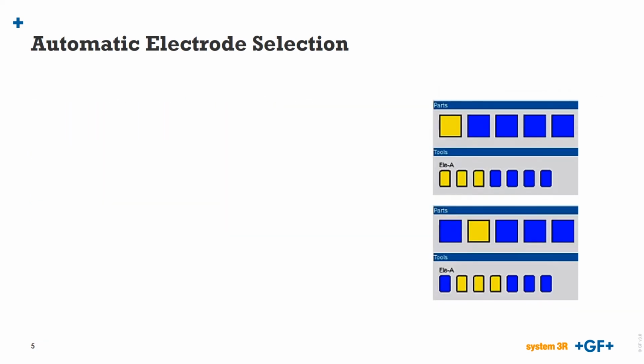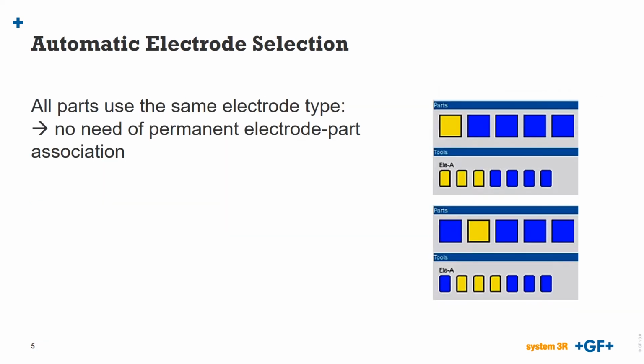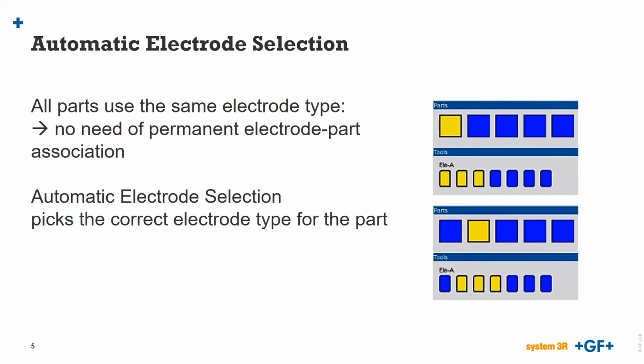But there is no need to associate every single electrode to the part to be machined, like instead it is usually done for single pieces with specific tools. Indeed, automatic electrode selection takes care of picking the proper electrode type for the corresponding part type to be machined.